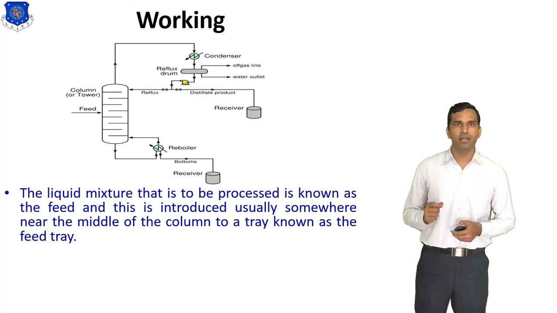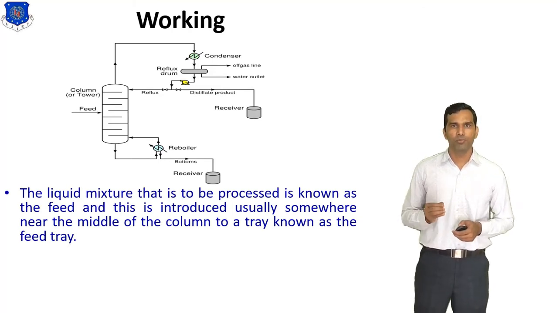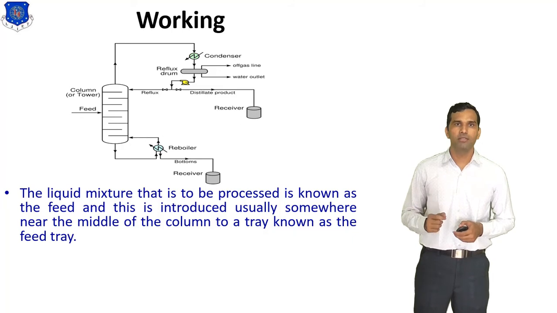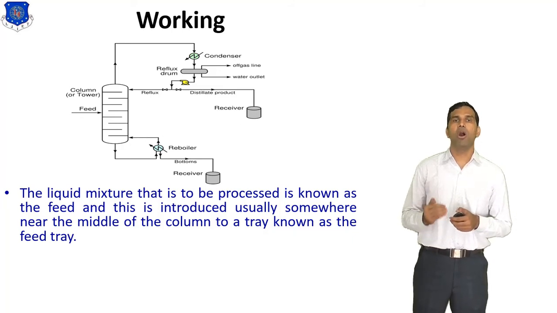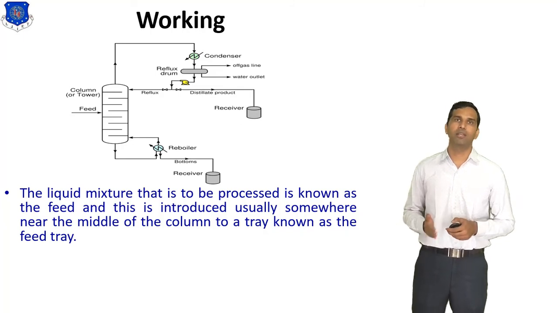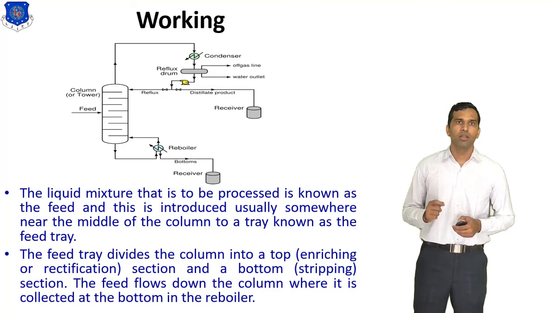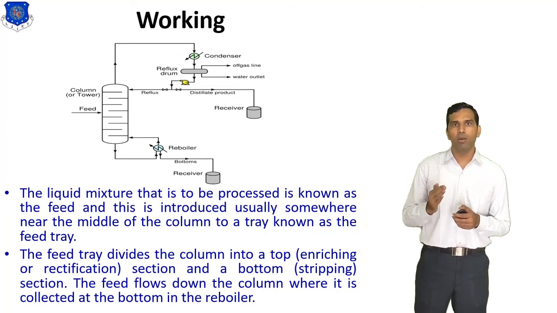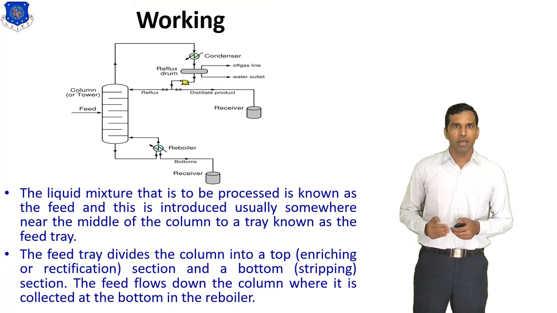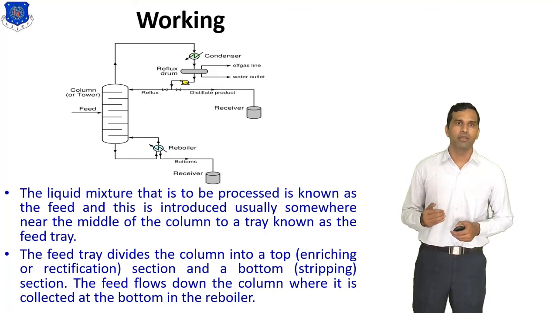The liquid mixture that is to be processed is known as the feed, and this is usually introduced somewhere near the middle of the column, to the tray known as the feed tray. The feed tray divides the column into a top section, known as the rectification section, and the bottom, the stripping section.